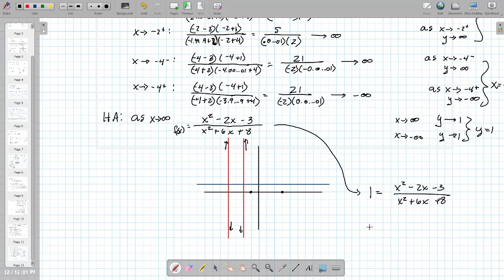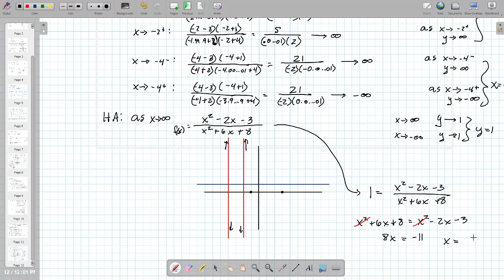We'll see. Multiply this over, and we get x squared plus 6x plus 8 equal to x squared minus 2x minus 3. And we can cancel our x squareds. And then we can add our 2x over, subtract our 8. And we end up with 8x is equal to -11.